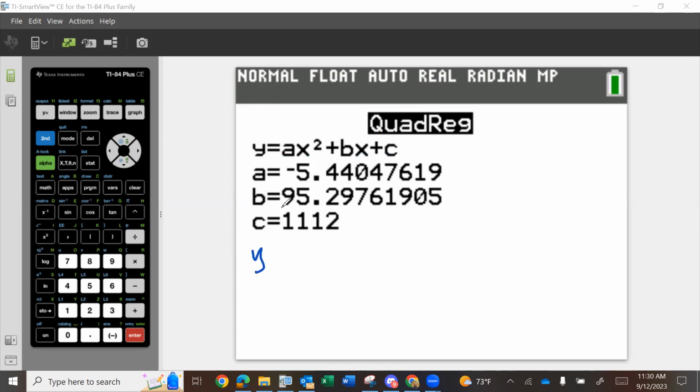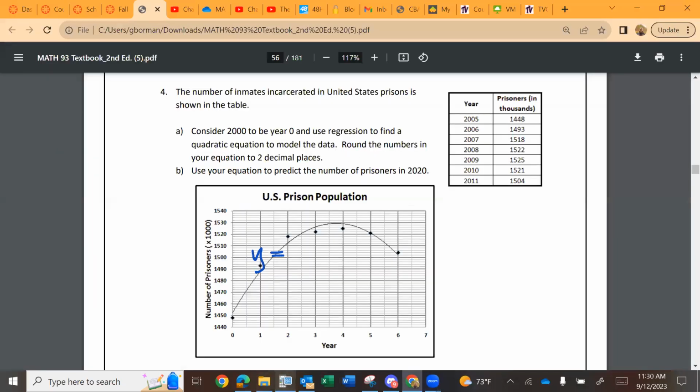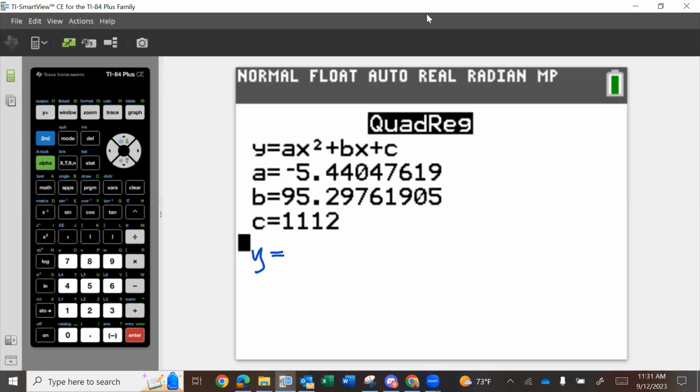So it's going to be y, and then the equal sign, and then the a. And I don't remember if they told us how to round this off. Let's see. 2 decimal places. Okay, yeah. All right, so 2 decimal places, that'll be negative 5.44 for A. Then it says do x squared. Then it says go do a plus sign.